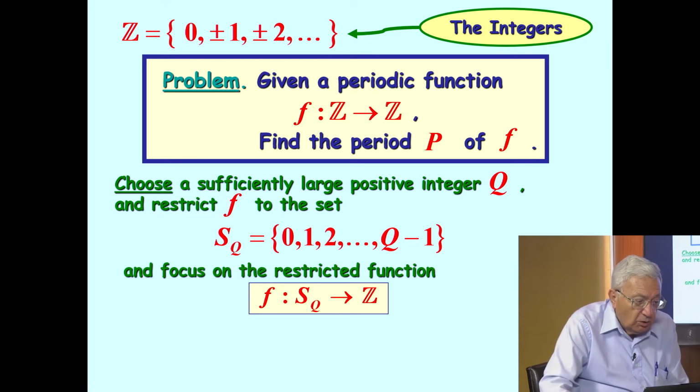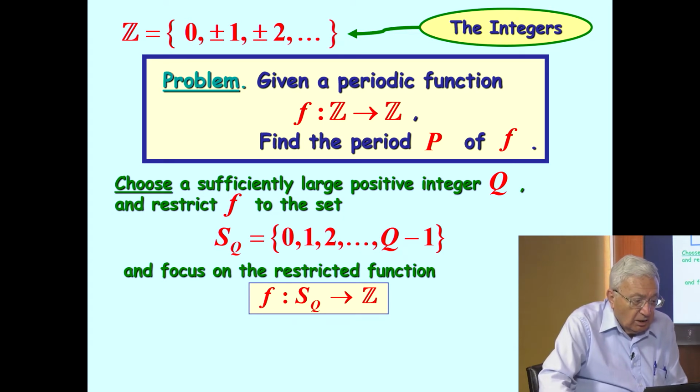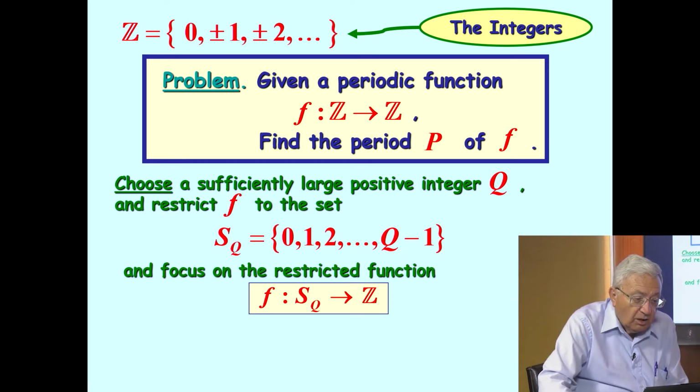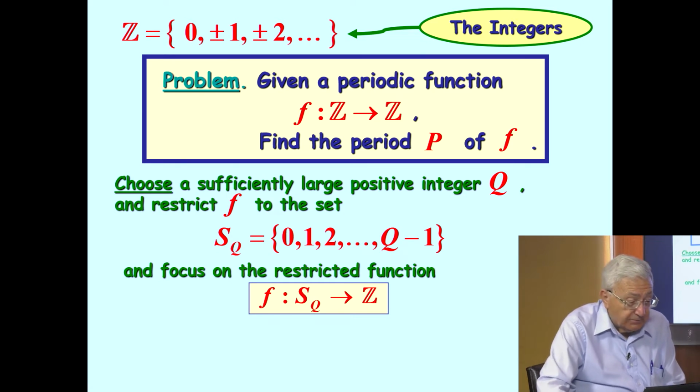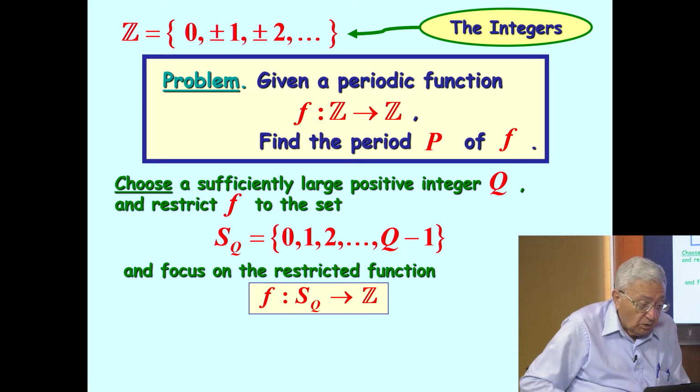What we'll do is choose a sufficiently large positive integer q and restrict f to the set of integers from 0 to q minus 1, and focus on the function restricted to that particular set. We now have a function that can be placed on a real computer.